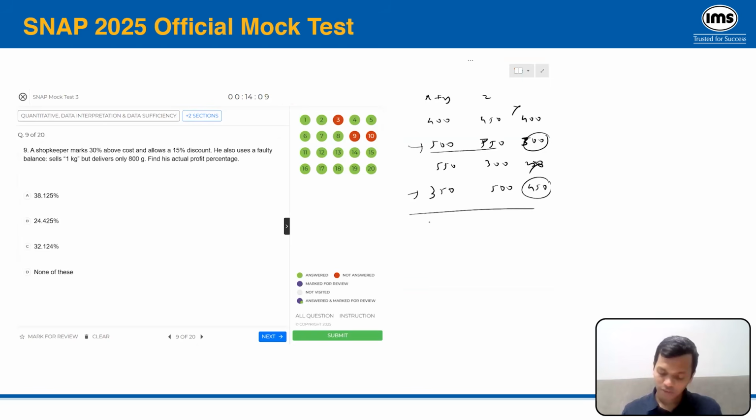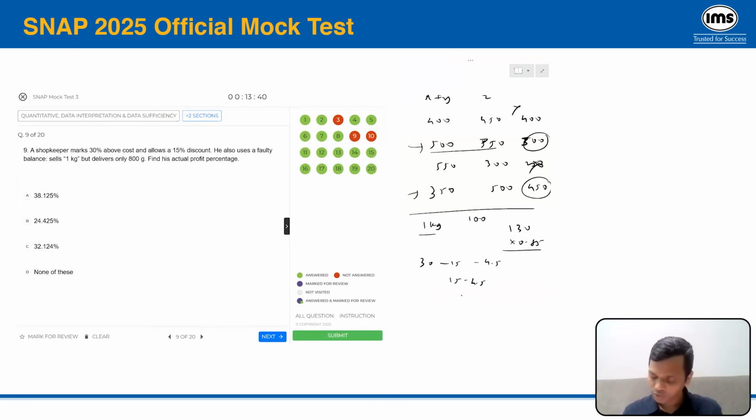Okay, so let's say somebody goes and orders 1 kg, right? Now, what he's going to do is, let's say if the cost is 100 rupees, he's going to mark it at 130 and he will allow a 15% discount on this, right? So 130 into 0.85. Oh, I think the mistake that I was doing, I realized what I'm basically doing. So this should be 30 minus 15 and then a minus 4.5, right?